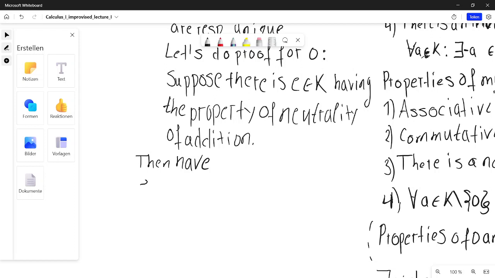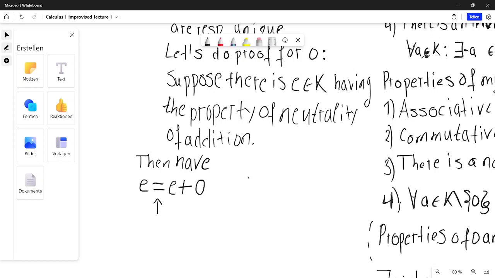Okay, then what do we have? Well, we have E. To start, maybe what we have makes sense, maybe not. I don't know if it makes sense for you. We know this because 0 enjoys the property of neutrality for all elements, but that is now an element of K. We have just taken an element of K and thought, maybe it has the property of neutrality of addition.